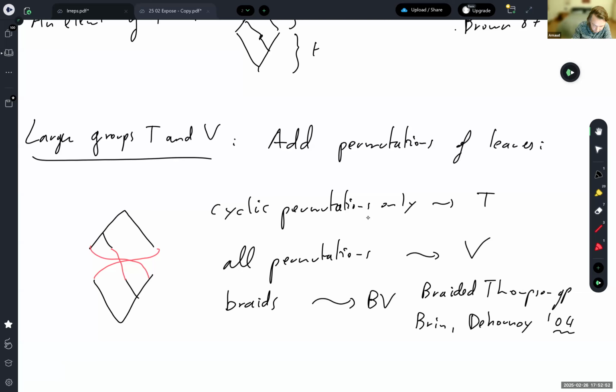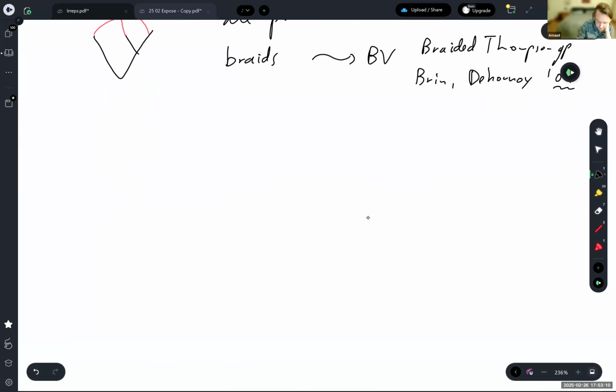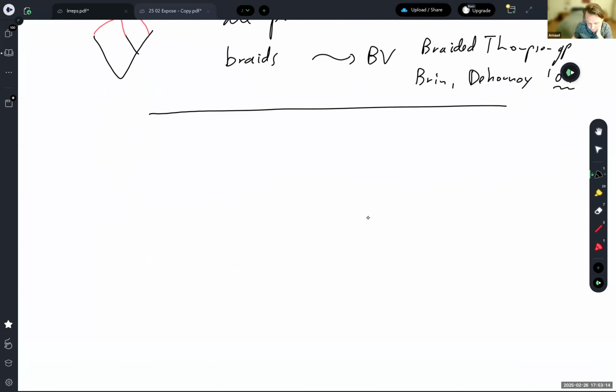Cool. So we get some nice groups. And now I think I want to look at representation a little bit. So probably now I'd like to talk about Jones technology.